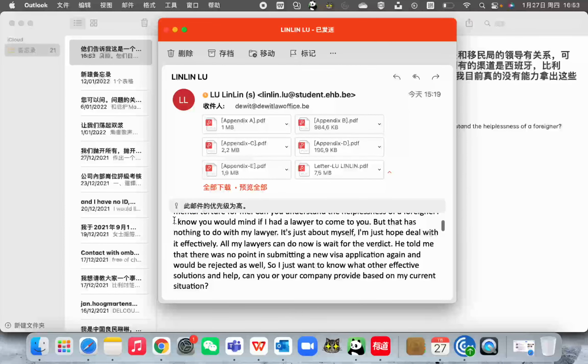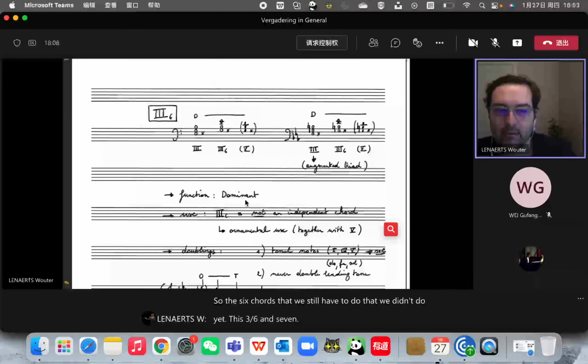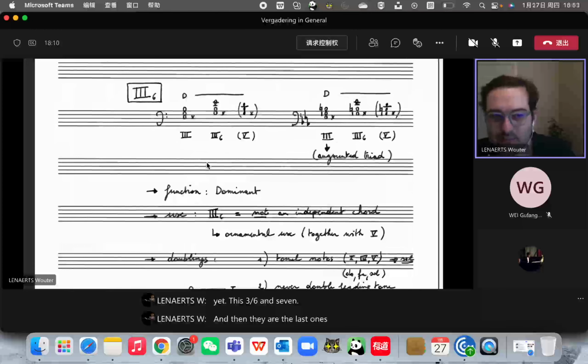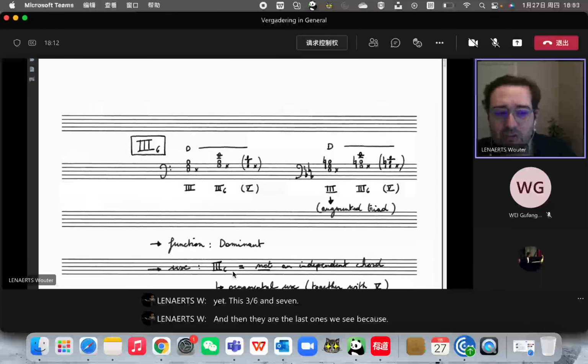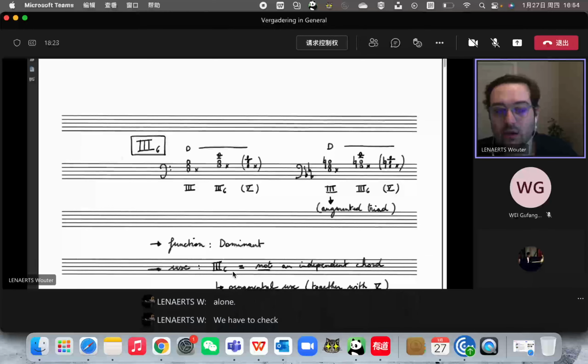So the sixth chords that we still have to do, that we didn't do yet, are 3, 6, and 7. And they are the last ones we see because they are actually not independent chords. That means they are not so strong, and they probably cannot be, let's say, alone. We have to check then how they can be used.